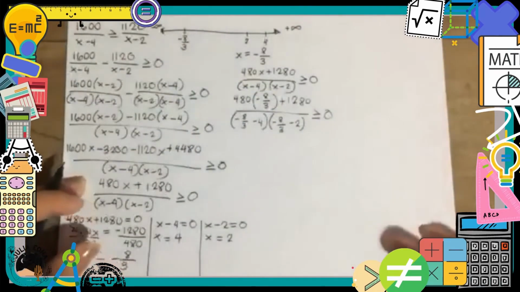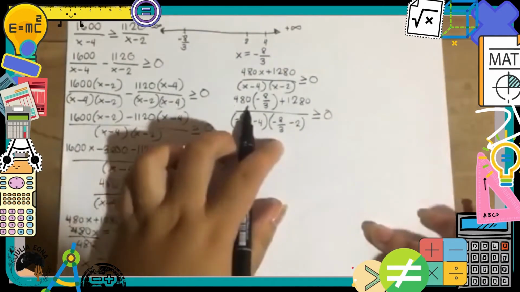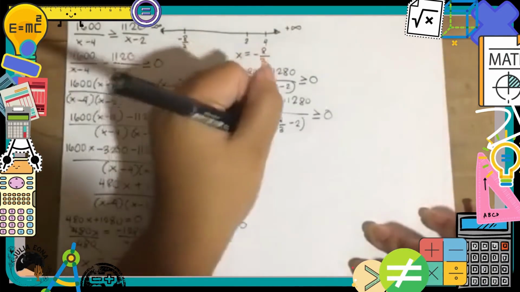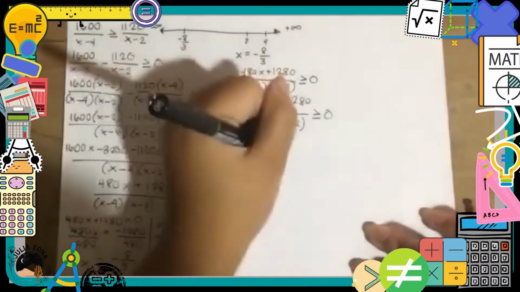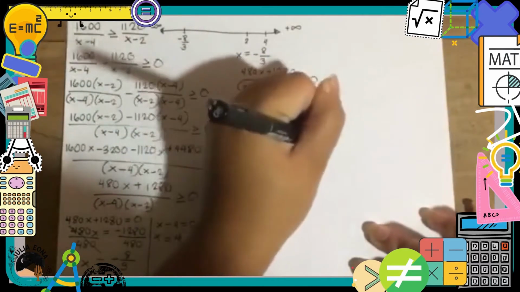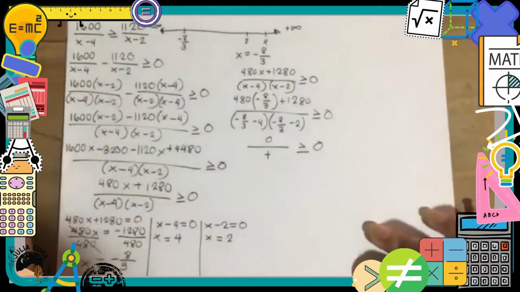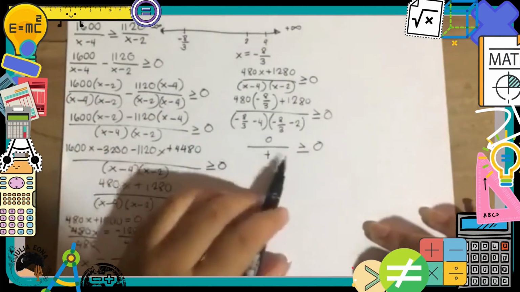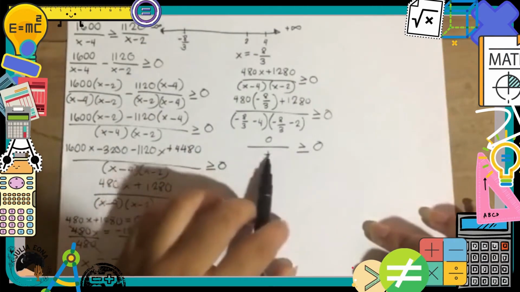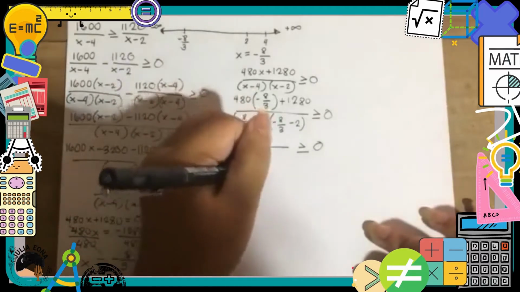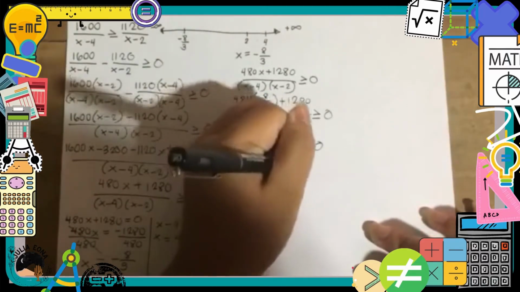Now, we are going to have 0 over positive greater than or equal to 0. So 0 divided by positive is 0, greater than or equal to 0.